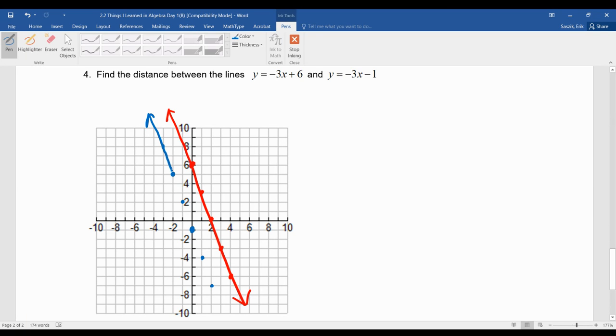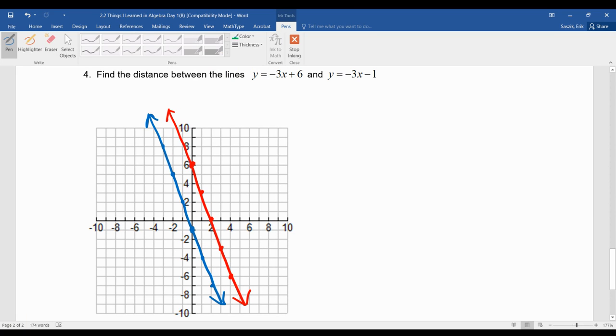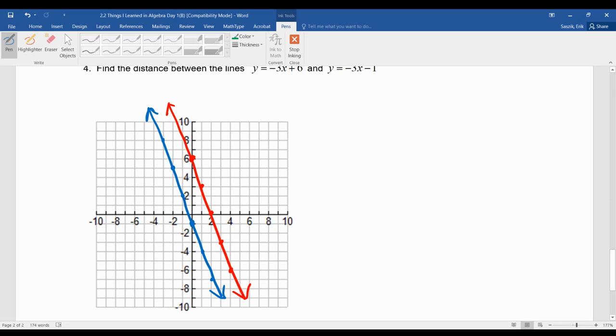And there's a reason why I want to create this visual, especially the first time you do this. So we're asked to find the distance between two lines. And I want you to think about how would you go about doing that. How do you measure the distance between two parallel lines?